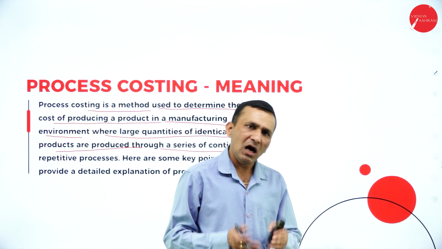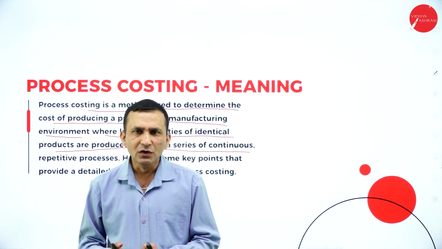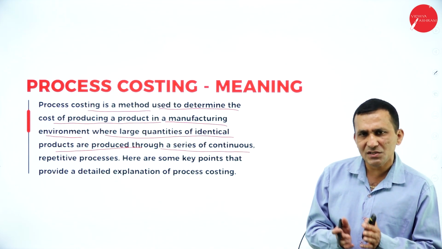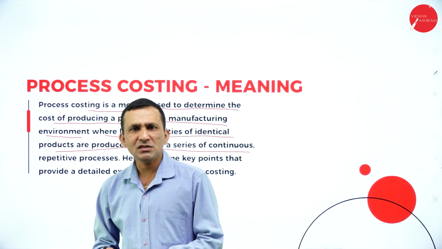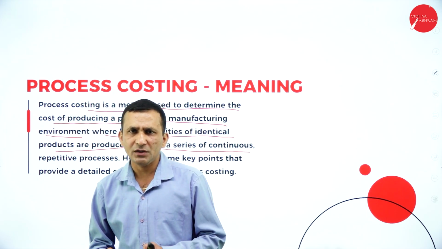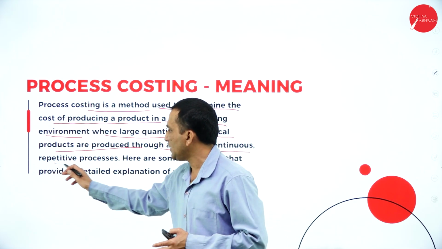So here the large quantity of standardized product they are producing. Here we are not able to compare with job costing, which is only for the specific job performing. But process costing means when they are producing a large quantity of product, most of the time the manufacturing is a repeated process.